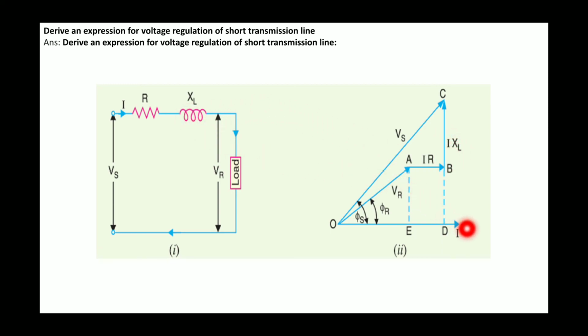We consider the current as the reference, the voltage will lead at the inductor by an angle of 90 degrees. Then, by addition of I into R and I into XL, you get the sending end voltage. And the angle between Vs and I is phi s. This is the equivalent diagram of the short transmission line and the phasor diagram of the short transmission line.